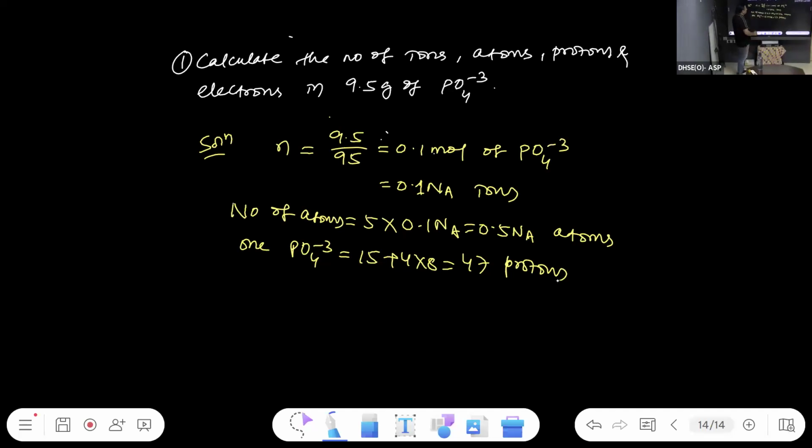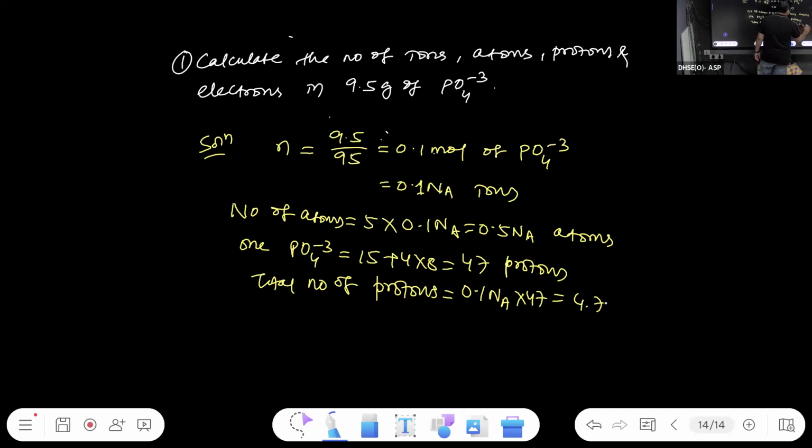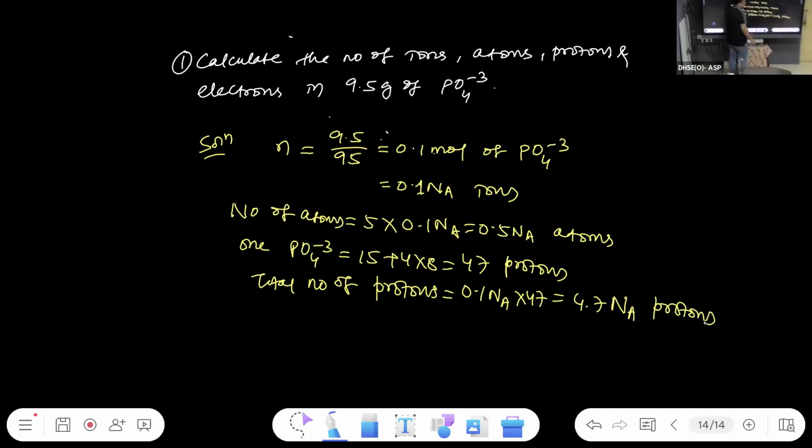For 0.1 mole, or 0.1 Na ions, total number of protons is 0.1 Na into 47, that is 4.7 Na protons.